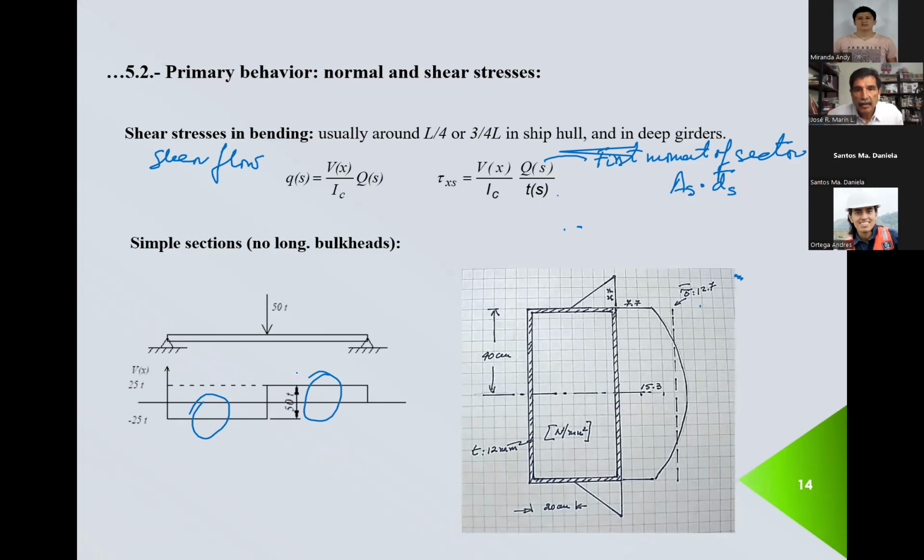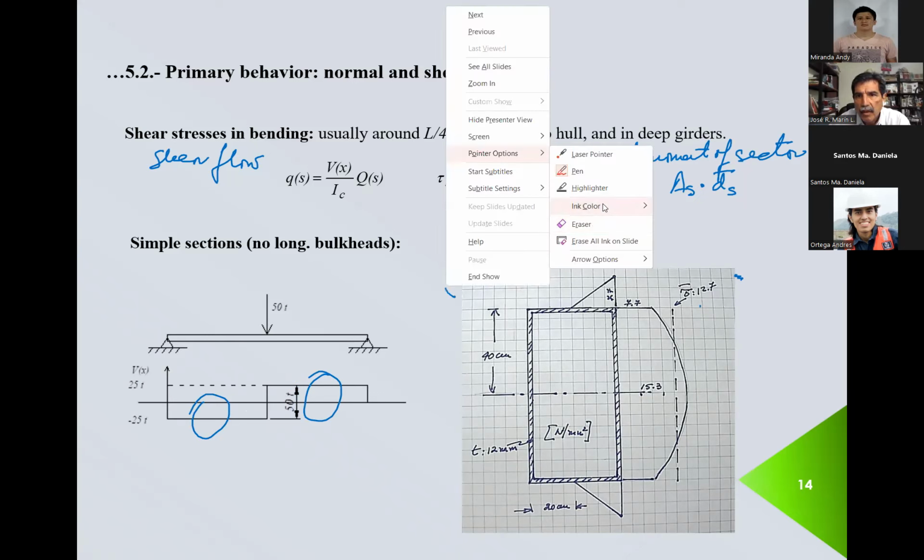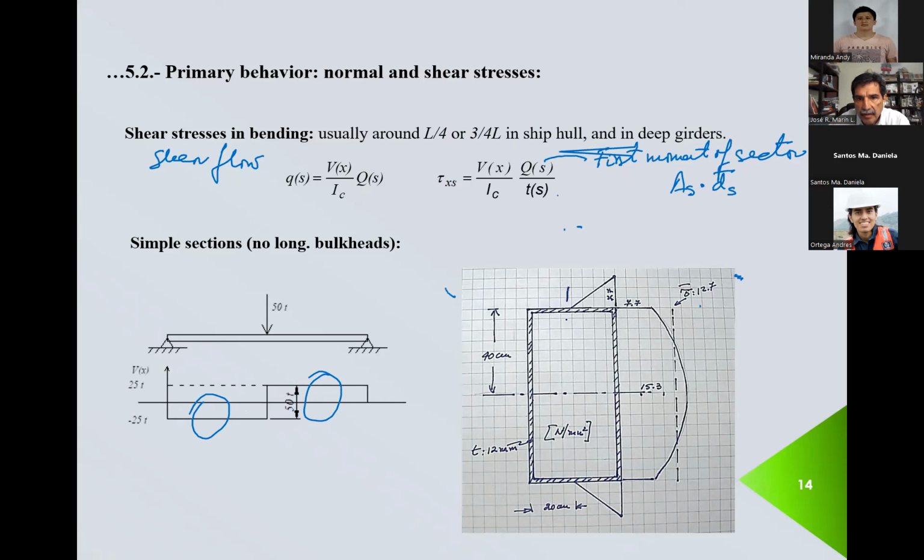You can analyze and deduce that because this has a symmetry plane, okay?